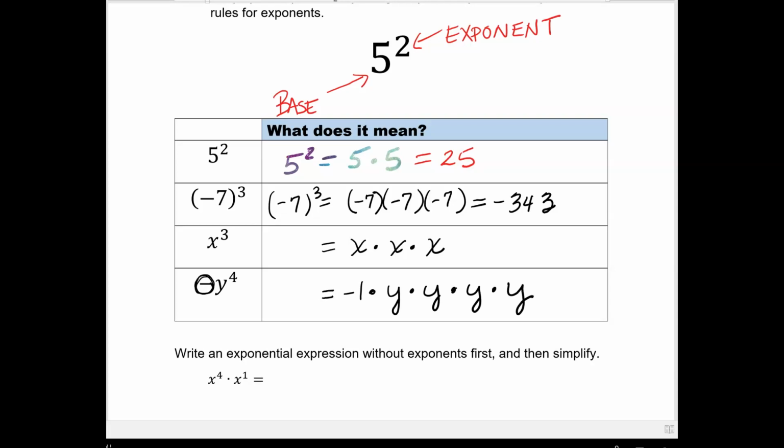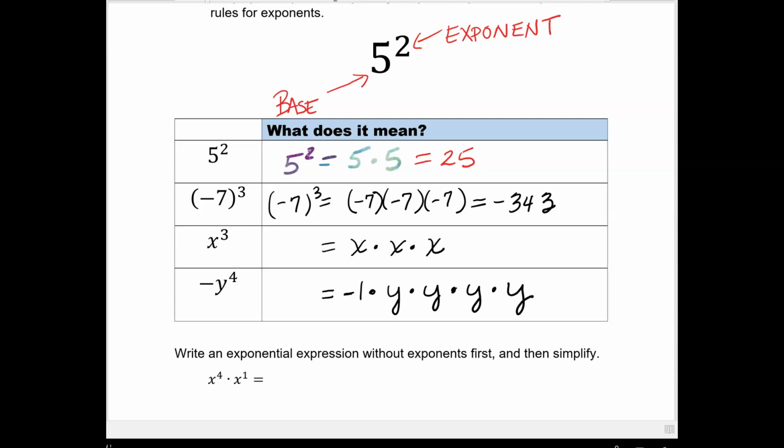So I want you to pay close attention to the fact that this negative is not inside a parenthesis. Therefore, you will not multiply negative 1 times itself 4 times. If the negative 1 was in a parenthesis, yes, you would multiply negative 1 times itself, times itself, times itself, which would end up being a positive number.